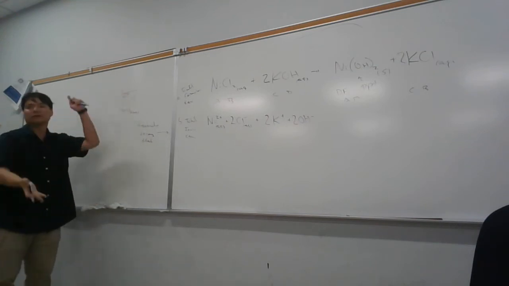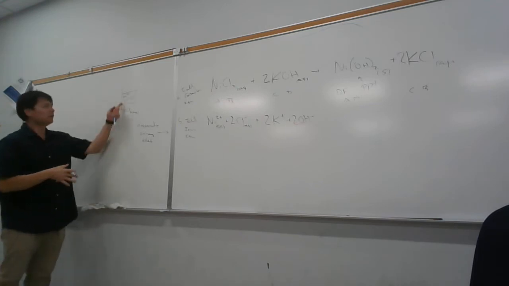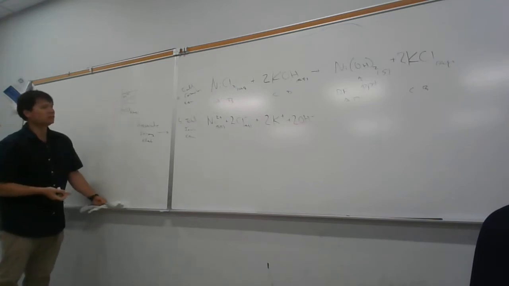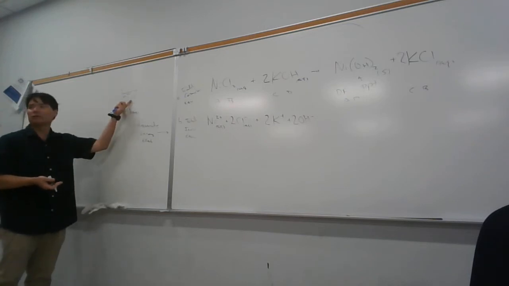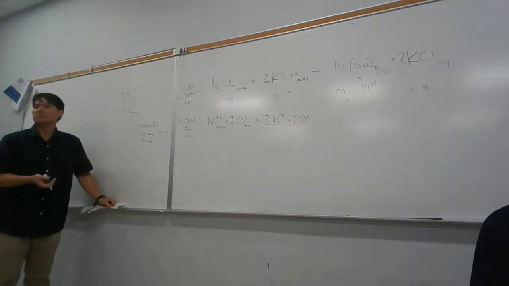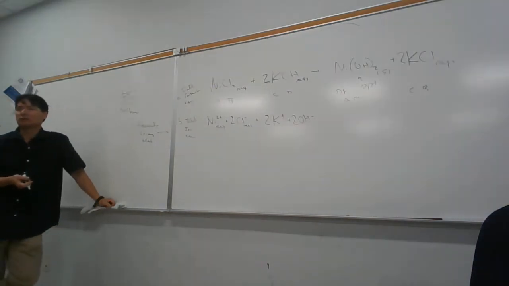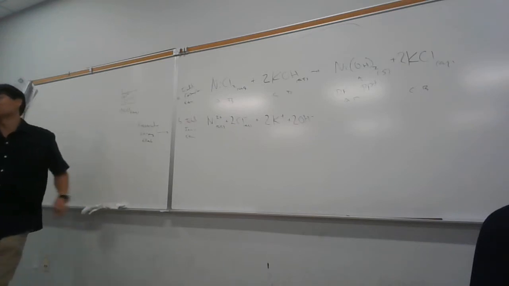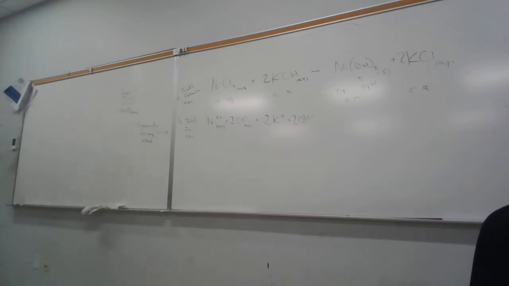They're going to be moving randomly with translational motion, so they're free. Do I have any molecules? Does nickel 2 chloride form molecules? No. What does nickel 2 chloride form? It forms an ionic lattice.